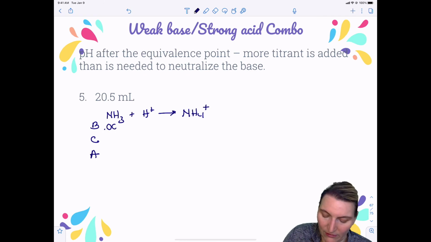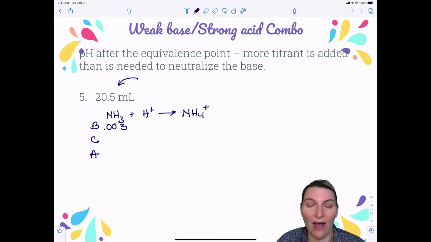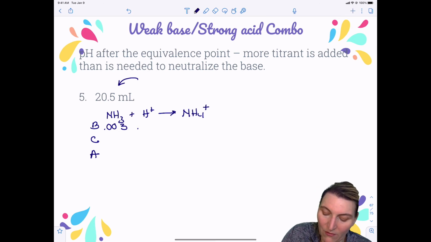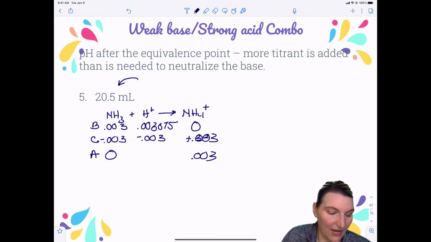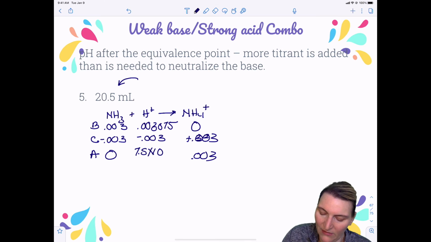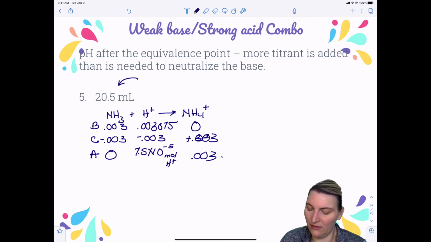We know that this is 0.003, but now since it's 20.5 milliliters, using molarity equals moles over liters, the number of moles of H plus that we're adding is 0.003075. And the smallest amount is the one that gets all used up. And this comes out to be 7.5 times 10 to the negative 5th moles of H plus.